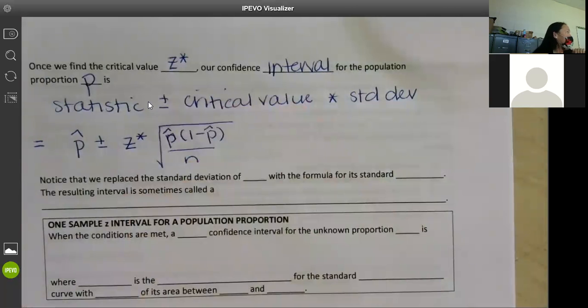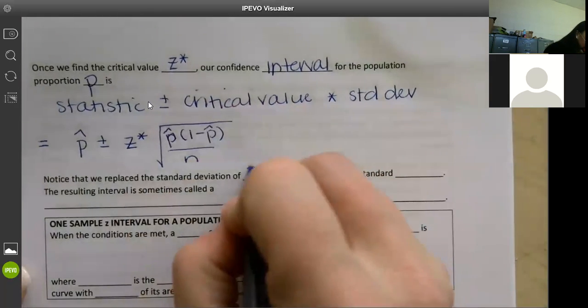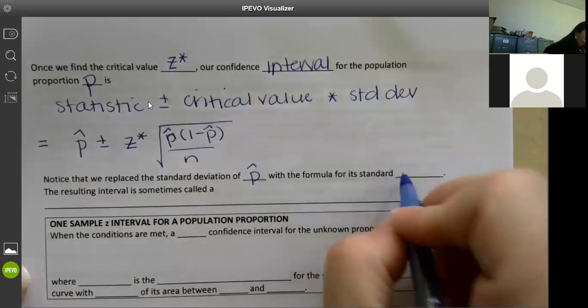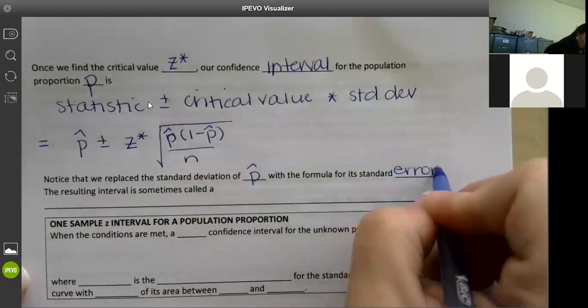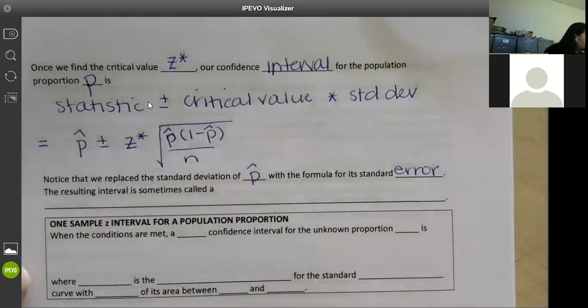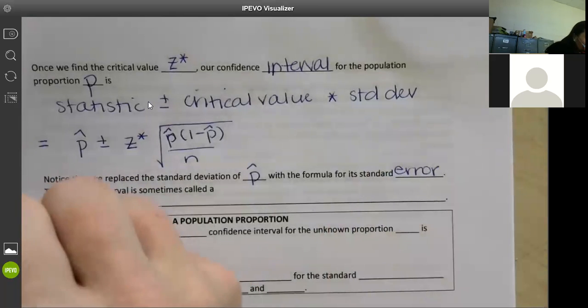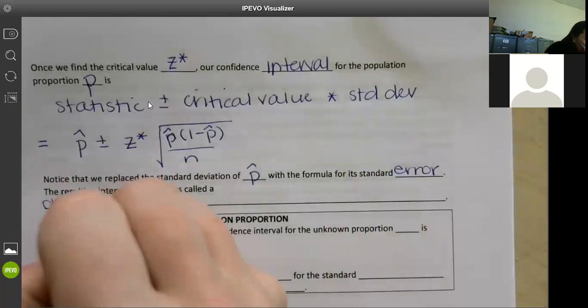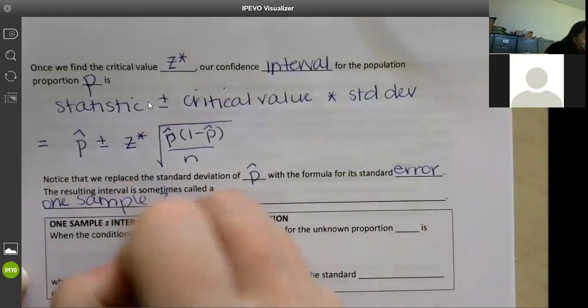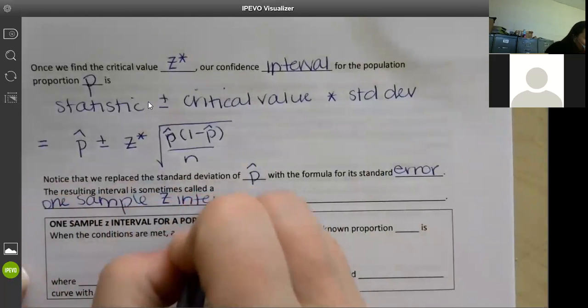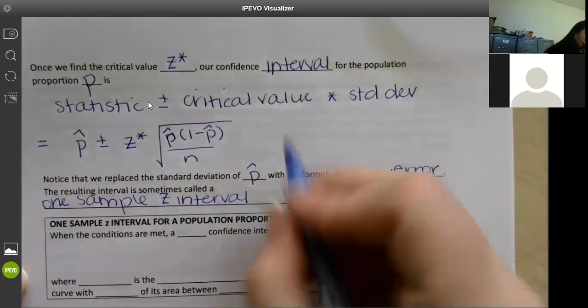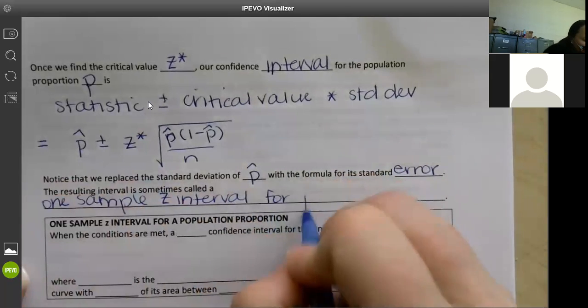We're just changing it to P hat because we're talking about the sample proportion rather than the population proportion. Notice that we replaced the standard deviation of P hat with the formula for its standard error. The resulting interval is sometimes called a one sample Z interval. It's the same title as the box below it for a population proportion.